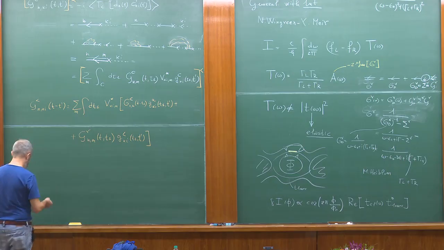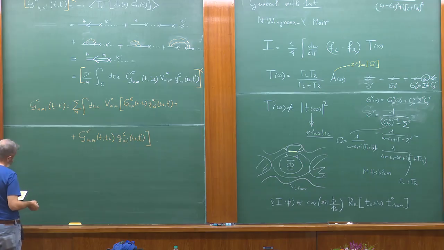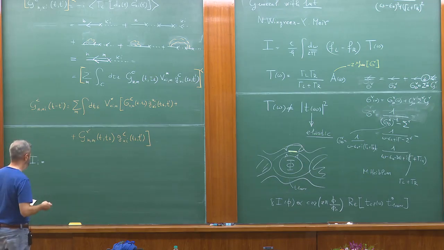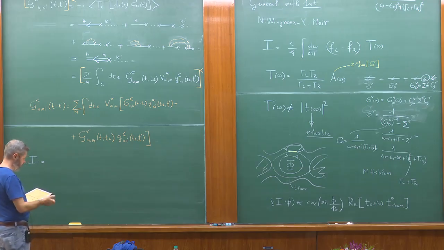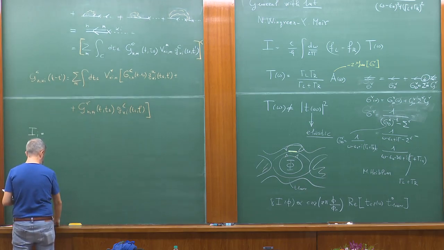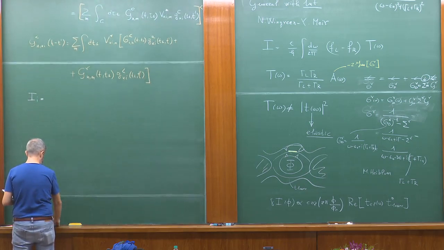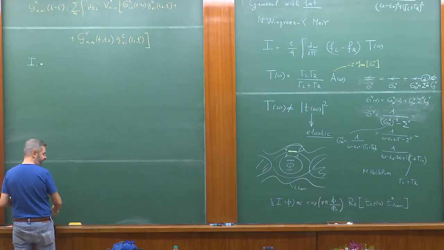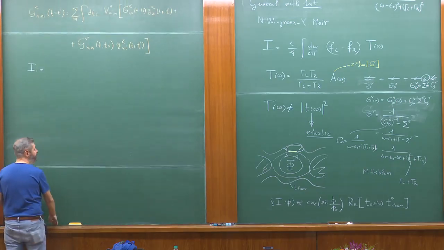All right, so what is the story now? Now I have to introduce this expression into my expression for the current, which, you remember, was the real part of this Green function times some coefficients.